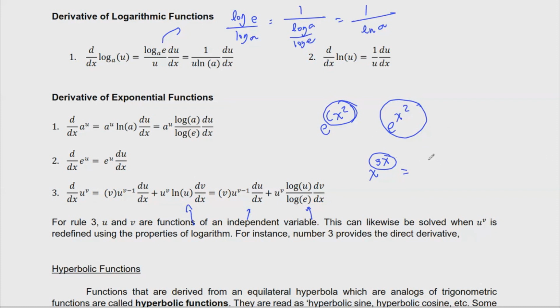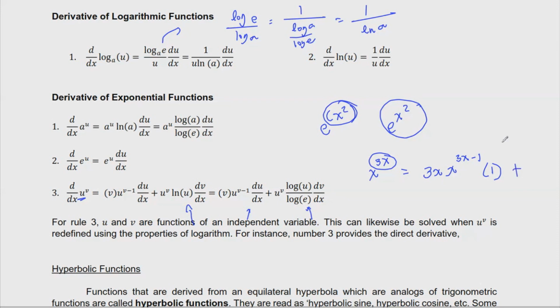Then the derivative should be something like you multiply this with our exponent and then x, then raise this to the exponent, then subtract it by 1. And then you need to take the derivative of u with respect to x. Our u here is the base. In this case, the base is x, so you multiply this with 1. And we're done with the first term.